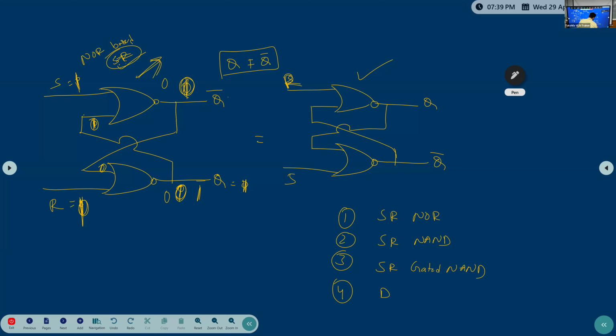Then the D gated NAND latch, then the JK gated NAND latch, then the T gated latch.